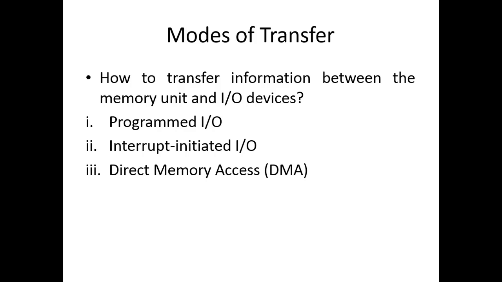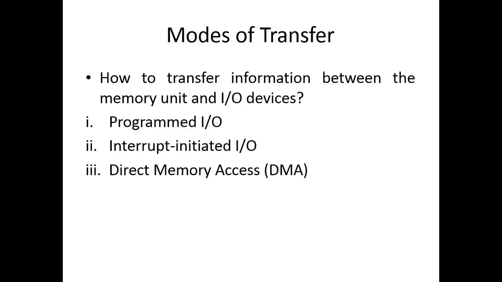For example, if we consider some input device, let's say a keyboard, then whatever input data is given by the keyboard, the data should be stored ultimately in some memory words. Obviously, computers use some intermediate processor registers to store that data temporarily, but the final location for storing that incoming input data is some set of memory words.